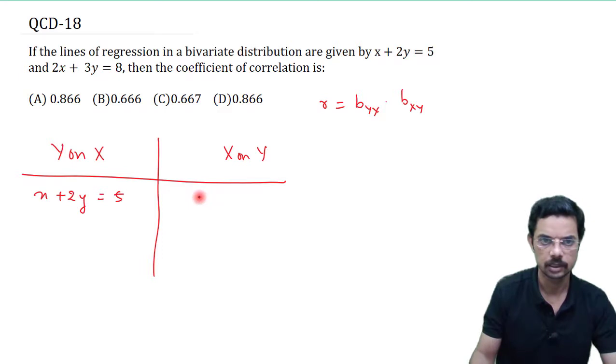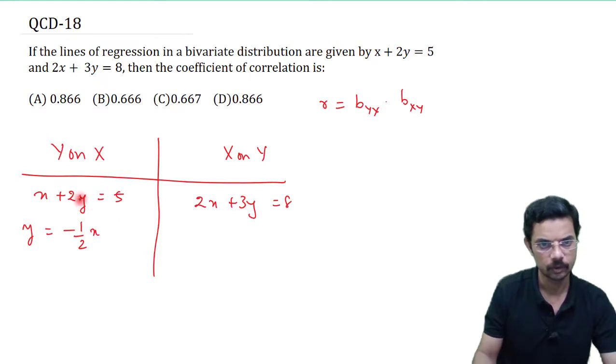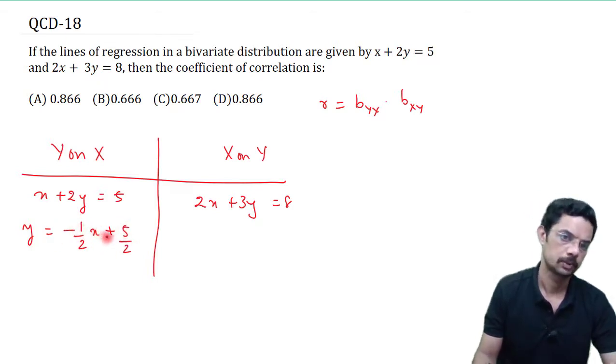The second equation is 2x plus 3y equal to 8. From the first, we isolate y, and y will be equal to minus 1 by 2 x plus 5 by 2.